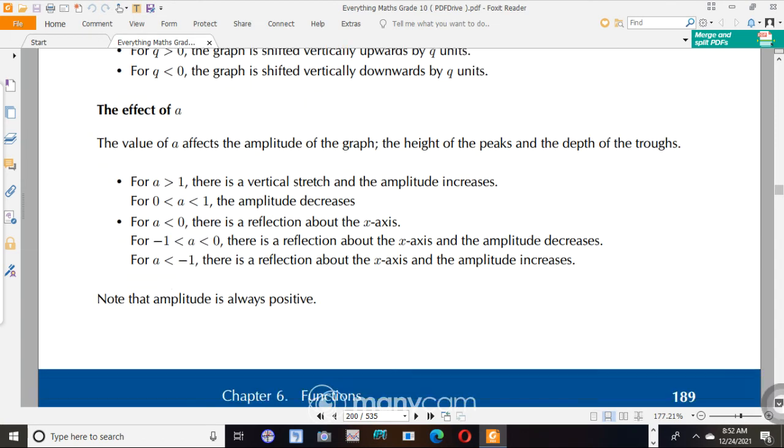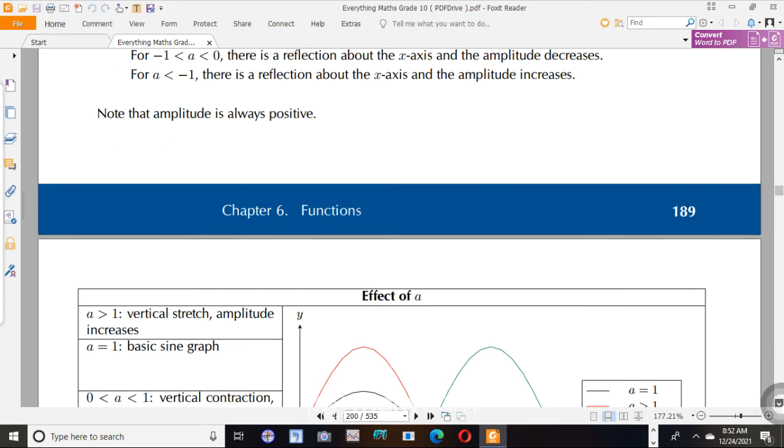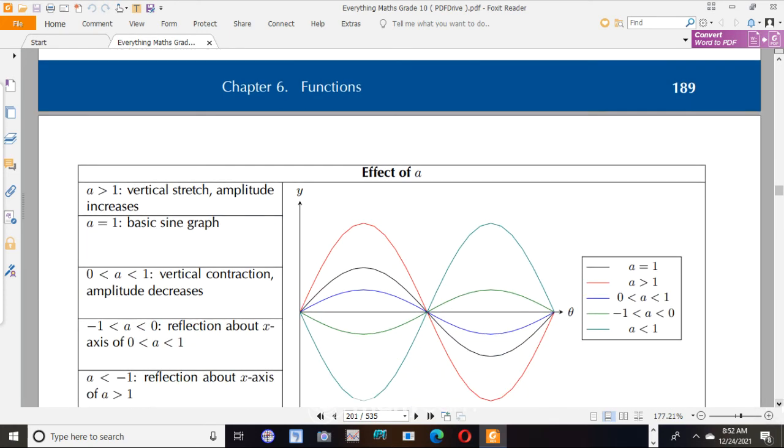Note the amplitude is always positive because we measure the magnitude. When you say amplitude, it is the magnitude. Look at this one, the effect of a. For a equal to 1, this is the black line. For a greater than 1, it is the red line, where the graph is stretched.